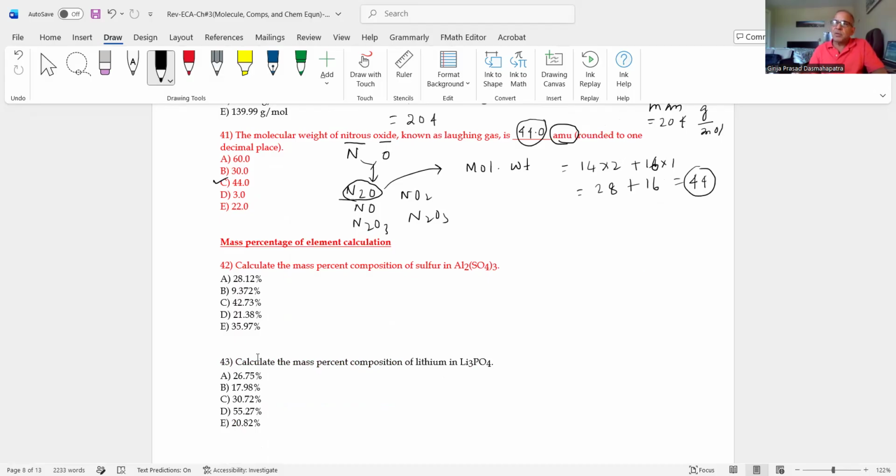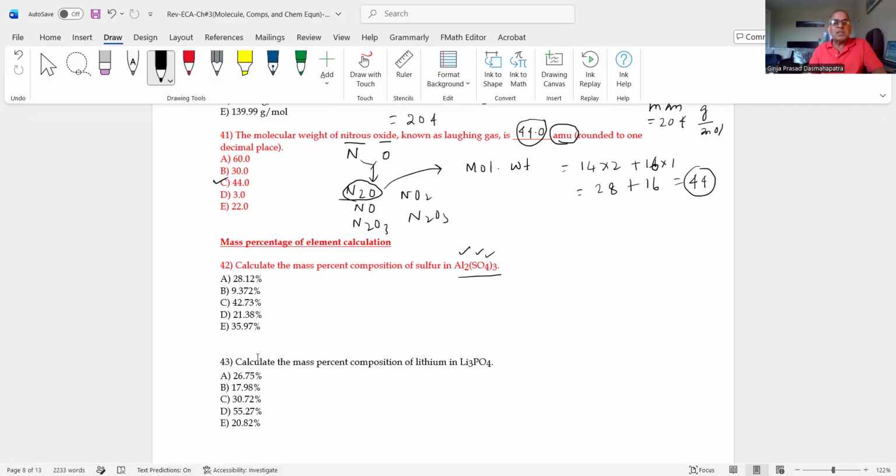But in addition to that, one thing we need to know: whenever we find out a molecular weight or molar mass, the total mass is coming from the mass of the individual atoms of the elements. For example, in question number 42, the compound is Al2(SO4)3. It is made up of aluminum, sulfur, and oxygen.